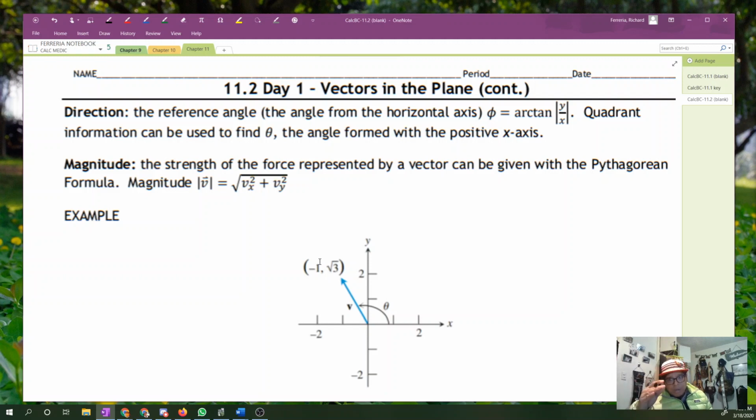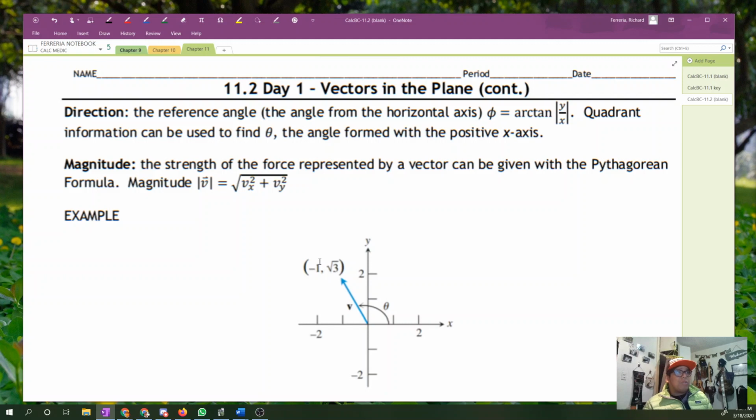If the vector points into the second quadrant, you're going to be subtracting your reference angle from pi. If it's in the third quadrant, you're going to be adding to pi. And if you're in the fourth quadrant, then you're going to be subtracting it from 2 pi. That's the way reference angles work.